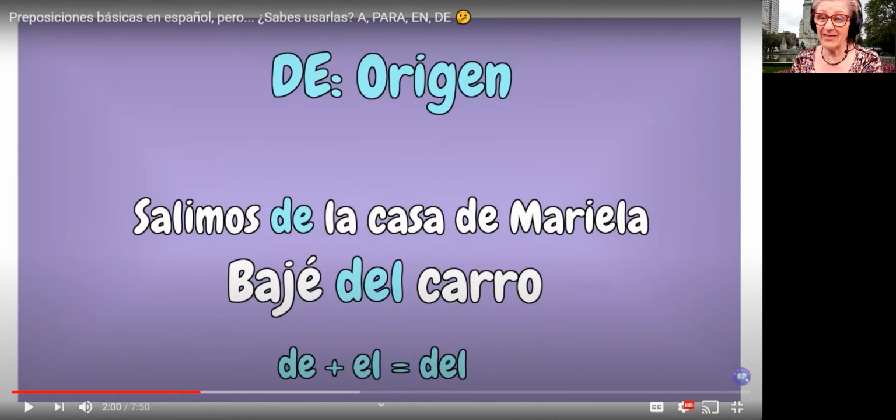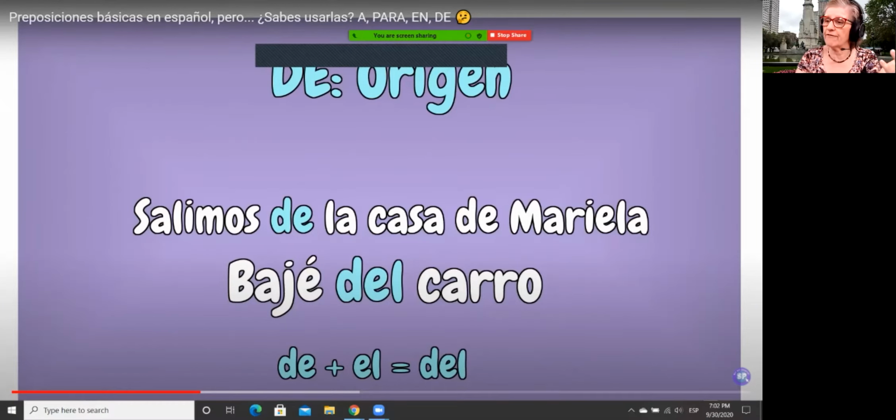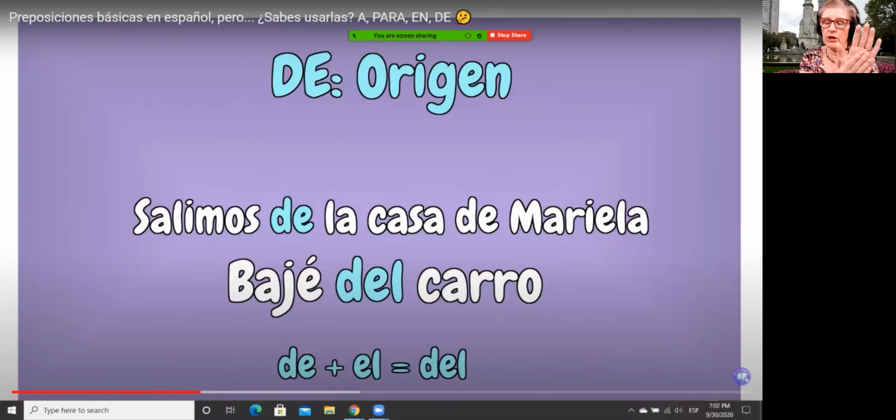Salimos a la casa de Mariela tells you they want to wind up in casa de Mariela. Salimos de la casa de Mariela tells you this is the point we start off with. De, because de means of or from, de always is that point of origin. Of or from tells you origin. So with verbs of motion, and salir is one of those, salimos de tells you where the person started out. Salimos de la casa de Mariela.